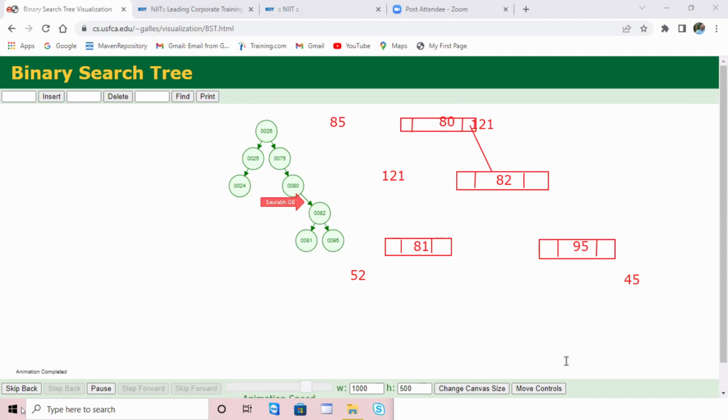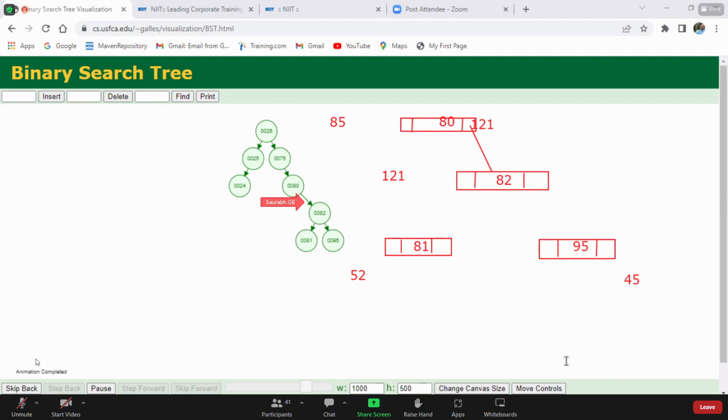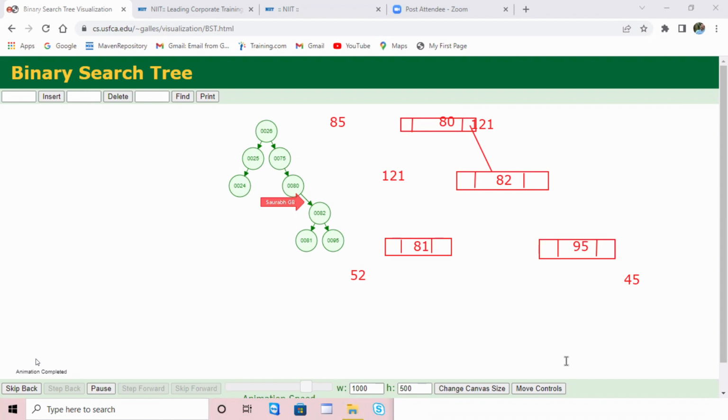Agree with me? Yes, no. Anywhere, any possible problem, you ask me without any hesitation. Are you agree? 121 is the memory address of 82, and it is greater than 82. It's in right hand side. 121 will be placed.